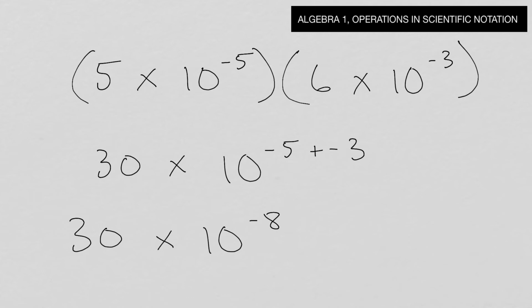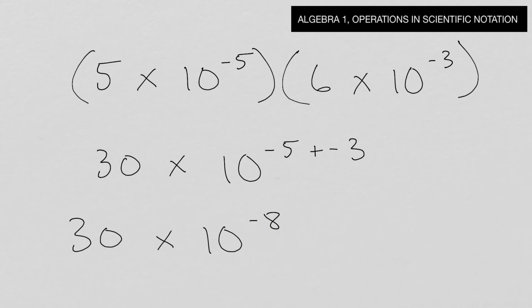But remember that in scientific notation, I need to get the decimal here. Okay, I want just a single number. 30, that's too big, so we need to have it 3 times something. Remember, when we're moving it to the left, we have to add, this increases.